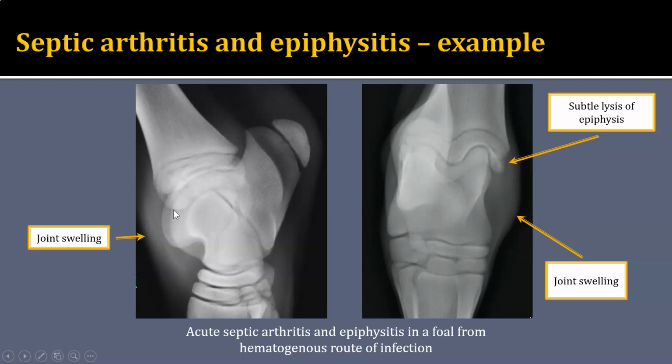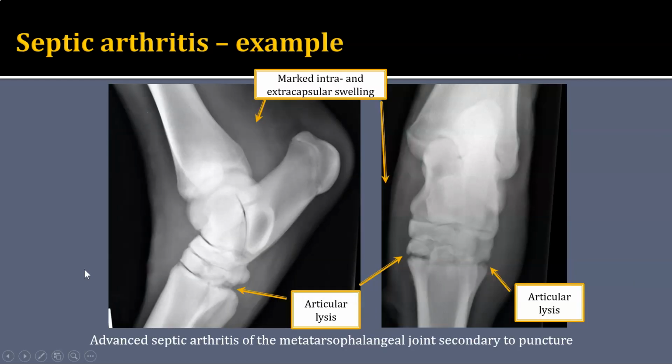This is a very young patient. On the DP view, we see that soft tissue swelling. The only additional finding is that there is some multifocal lysis of the medial aspect of the distal tibial epiphysis. And so this patient has septic arthritis and septic epiphysitis. And this was determined to be hematogenous, and this patient had other joints involved as well.